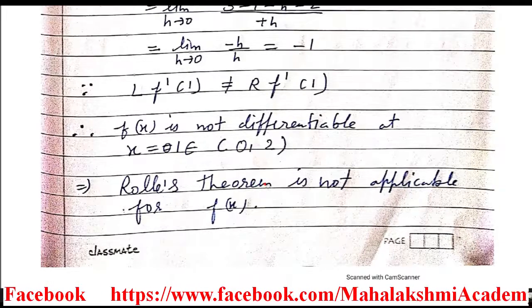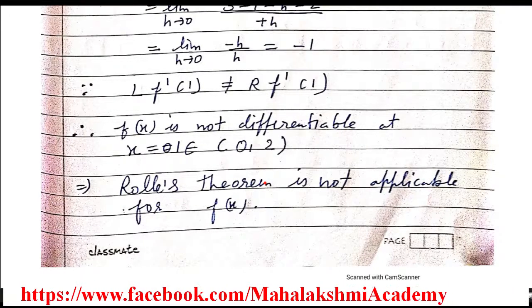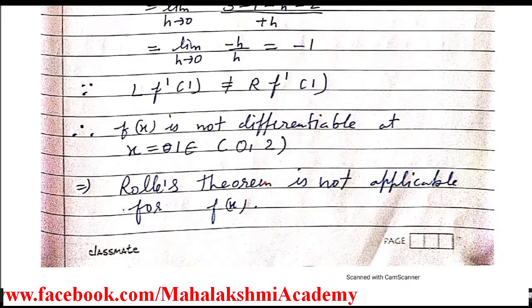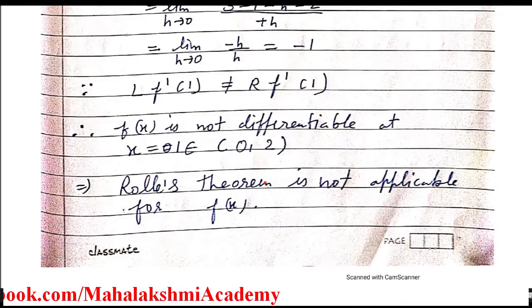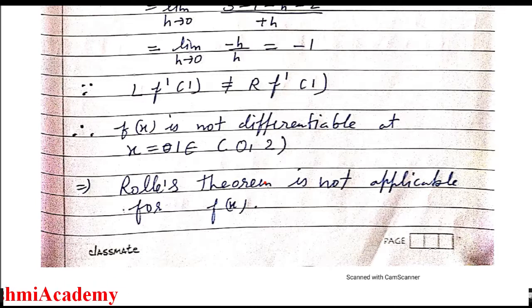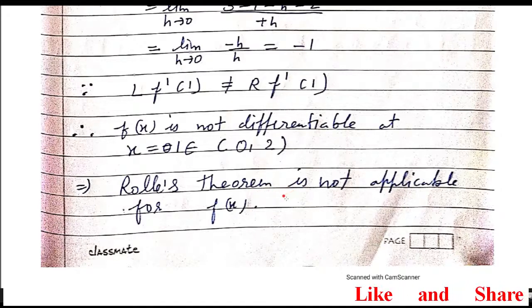Students, in this question we directly switched to the second condition of Rolle's theorem. As soon as you prove that any one condition is not satisfied, you can stop describing the solution, because Rolle's theorem is not applicable, and the solution is completed.